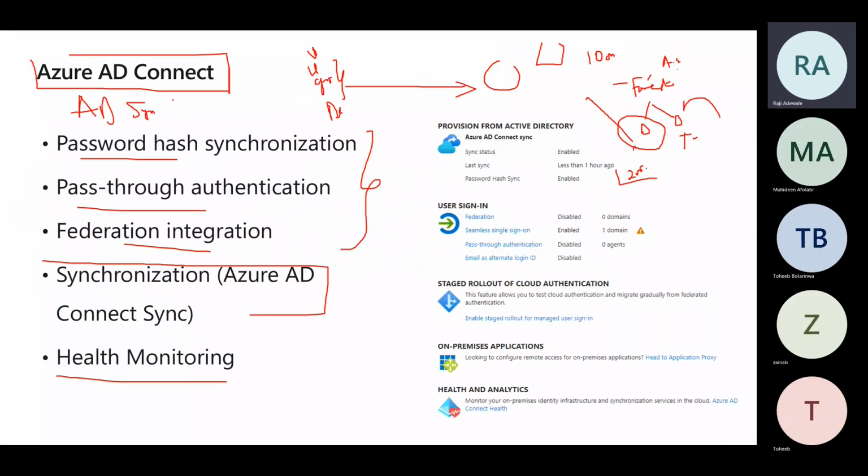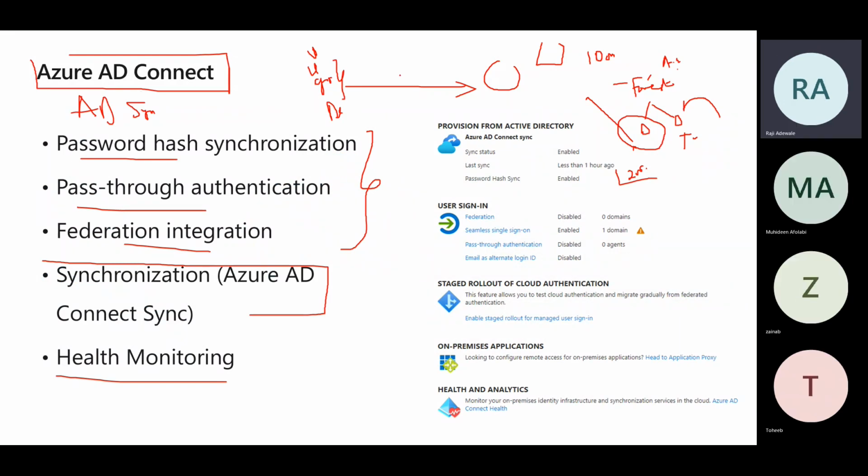Now, one downside with Azure AD Connect is that I can only have one server. If you remember, I said you have to install the Azure AD Connect agent or application on a server on-prem. It can be your domain controller, it can be just any server, but I can't have it on more than one server. You should remember that part of your strategy for setting up a resilient cloud ecosystem, or even an on-premise ecosystem, is availability.